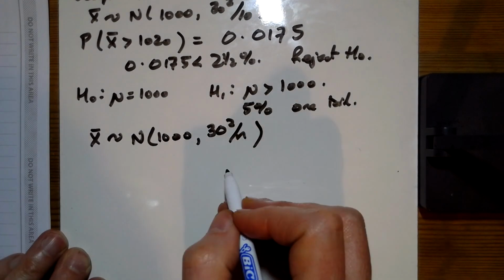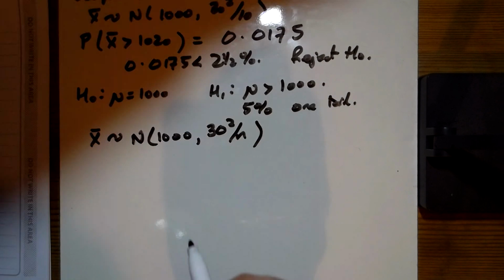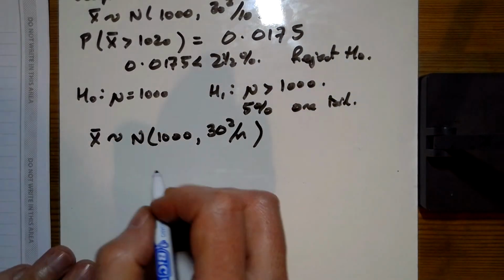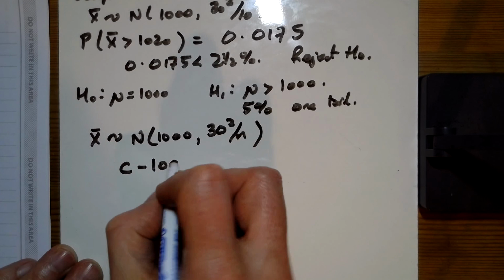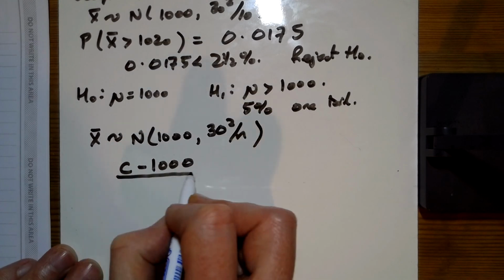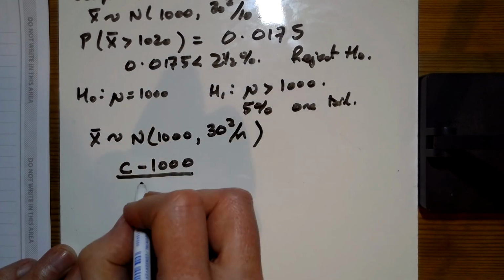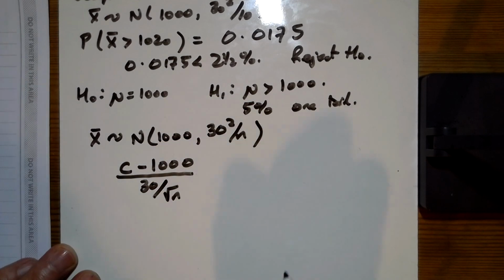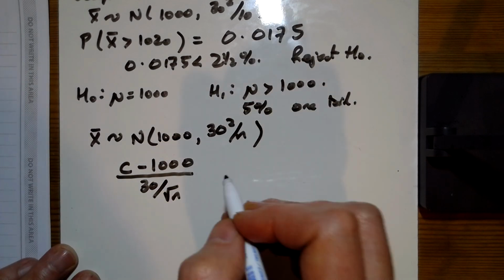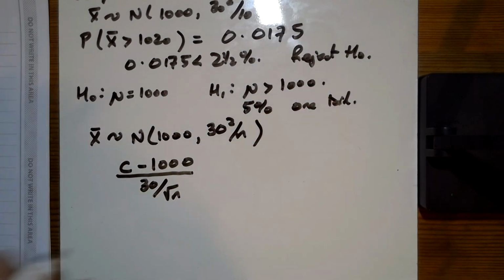So normalizing, to find the z value, we're going to do the value that we've got there, which is c, take away the mean divided by the standard deviation, which is the square root of this, so this is 30 over root n, and the probability of that being greater than this is 5%.